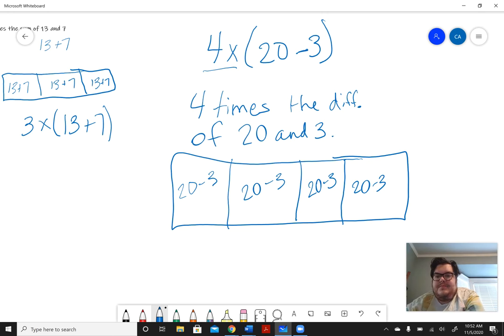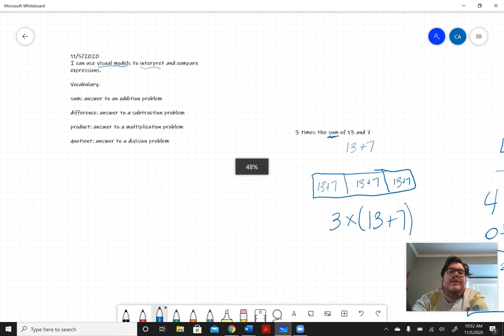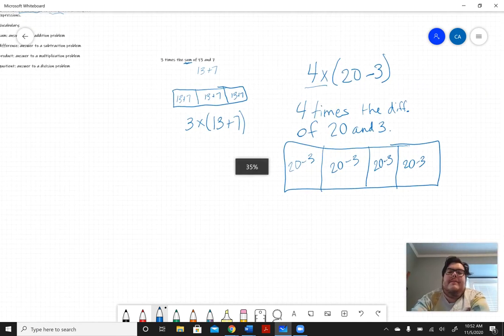All right. Now let's move on to the second part of our objective, which says that we are going to compare expressions.